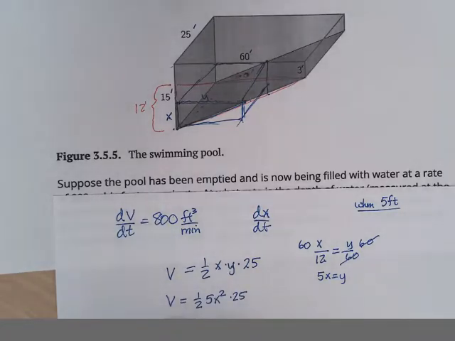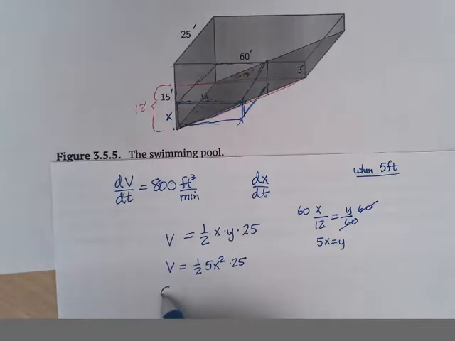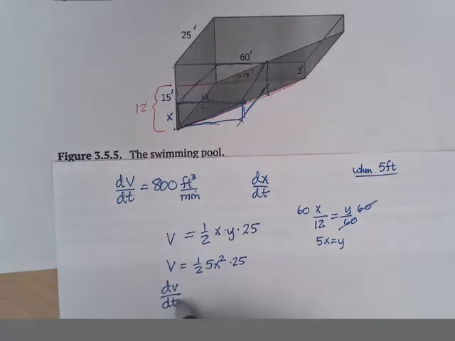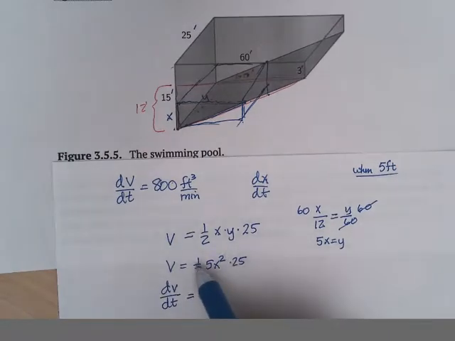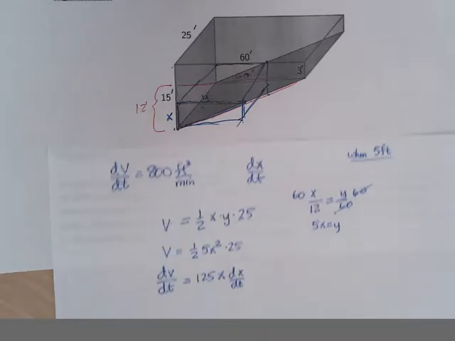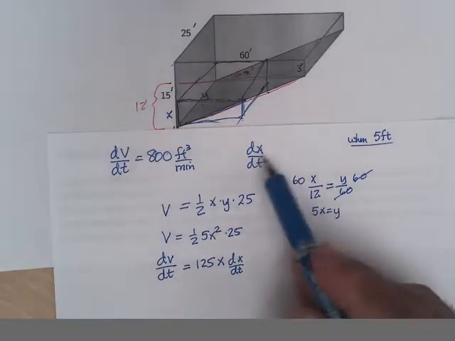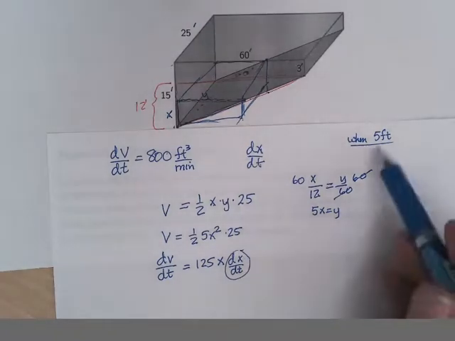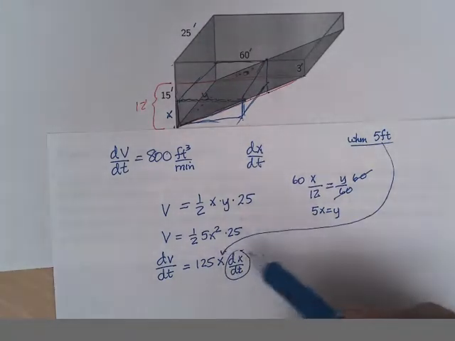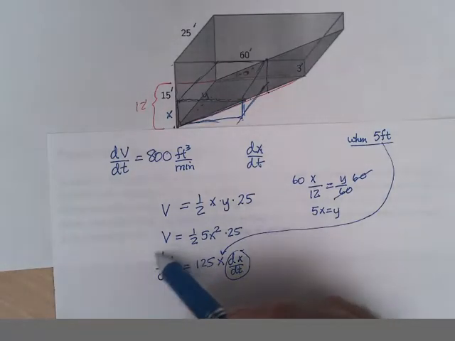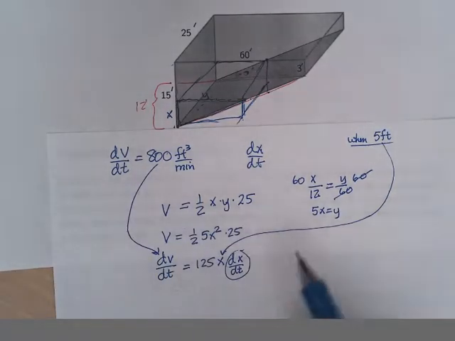So now if I take the derivative, I get dV/dt equals, the 2 comes down and multiplies, we'll cancel a half, and it'll be 5 times 25 is 125 x to the 1, and the 2 canceled the half, dx/dt. And so they want to know this when this was 5 feet and the volume is changing at 800.